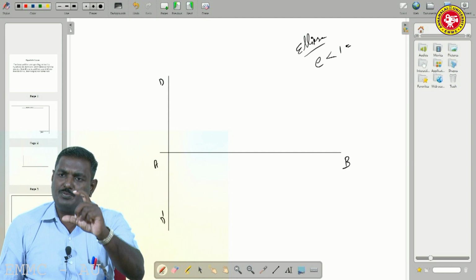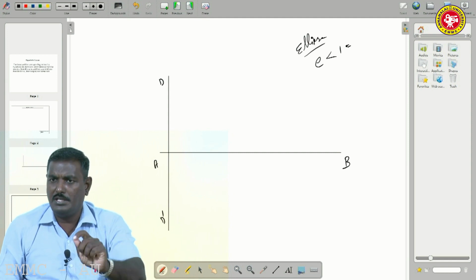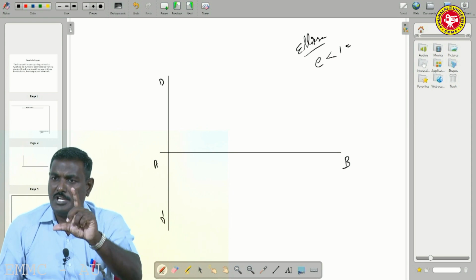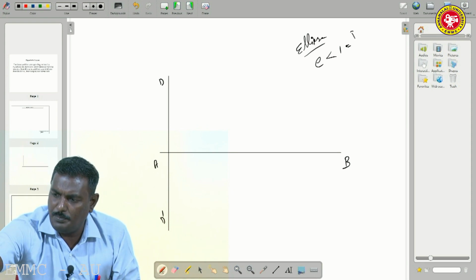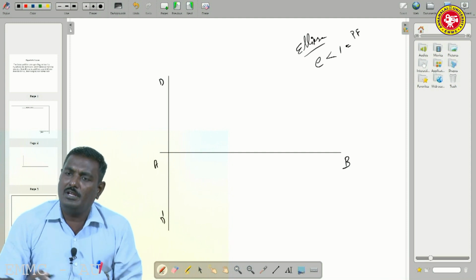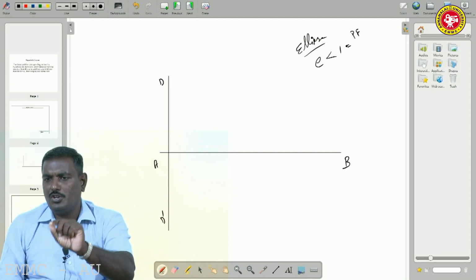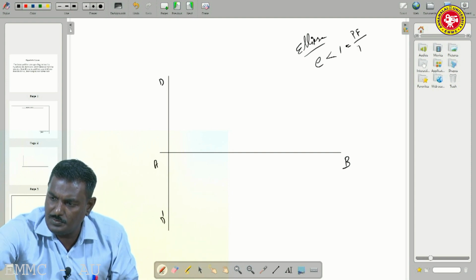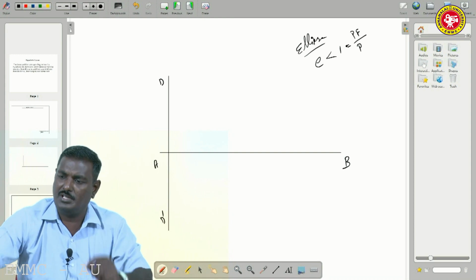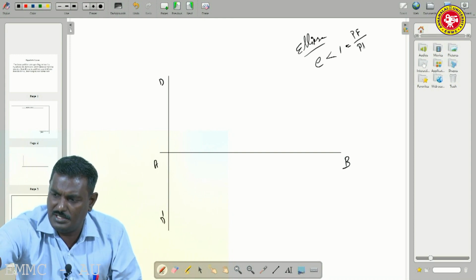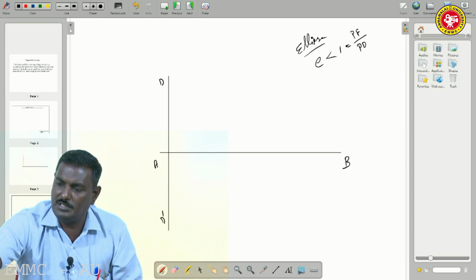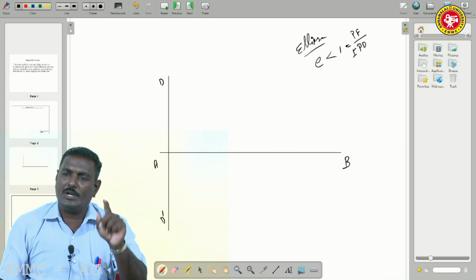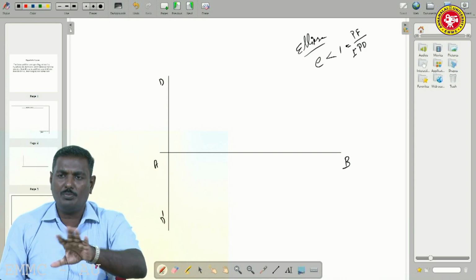The locus point, previously I said K point for the locus, but here I consider capital P. So capital P and F, the distance between the locus point and the focal point, divided by the distance between the locus point and the directrix, which I named D. The perpendicular distance, yes, this is perpendicular, but the distance between the locus point and the focal point is not perpendicular.